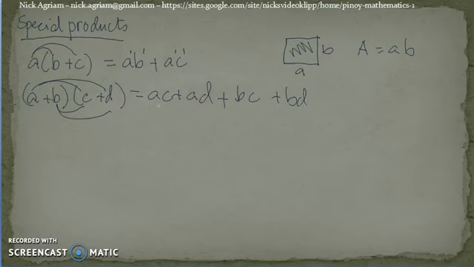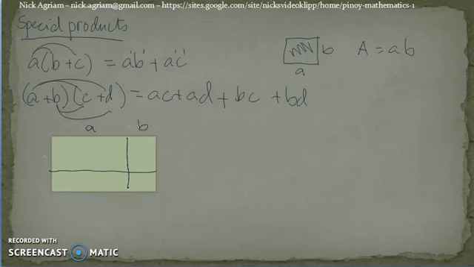That means if I am going to divide this rectangle into 4, for example, this is A, and this is B, and then we have C, and this is D. This AC here that we multiplied is this area.